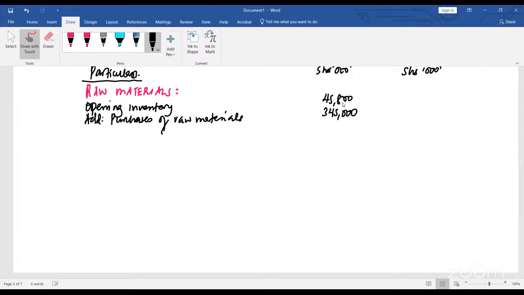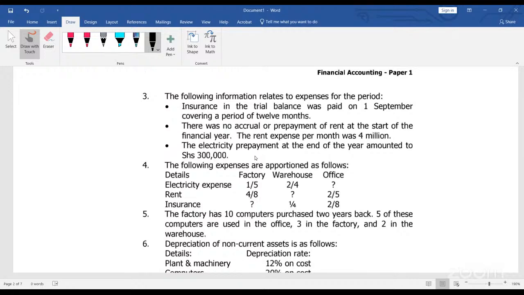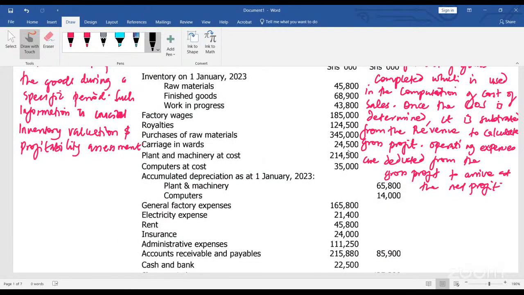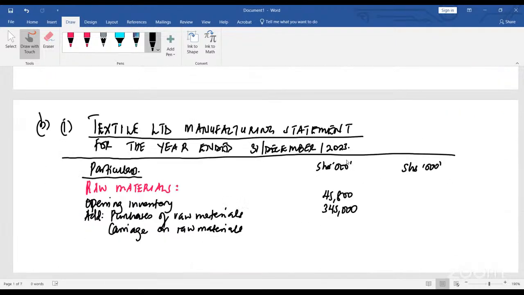Then carriage inwards, carriage on raw materials, the transport costs. Or you can just say carriage. Still in the trial balance, you will see carriage inwards, that is 24,500.